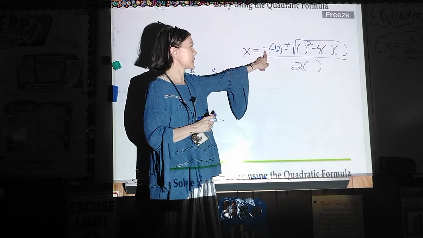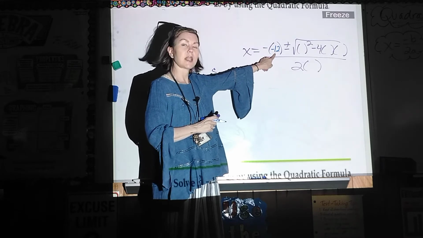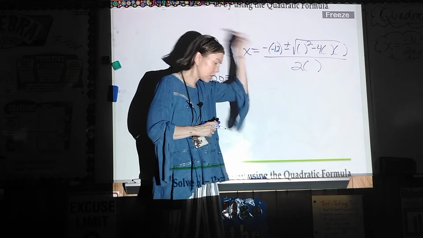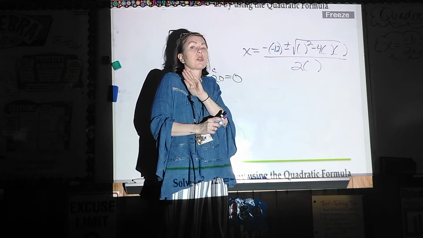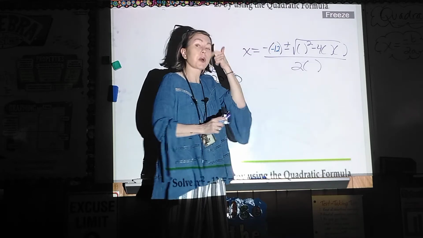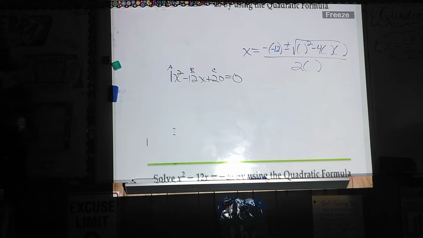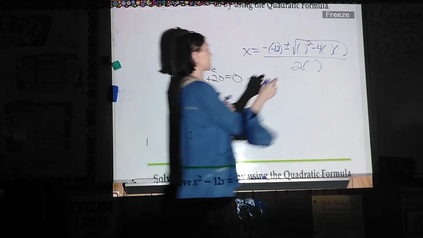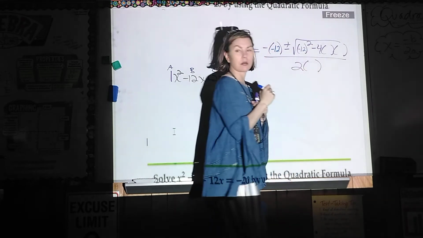Give me the opposite of what's inside. So what's the opposite of a negative 12? Positive 12. Be very, very careful with your positive and negative symbols, okay? Thank the Lord that I saw that. Okay? So now once again, negative 12 again.